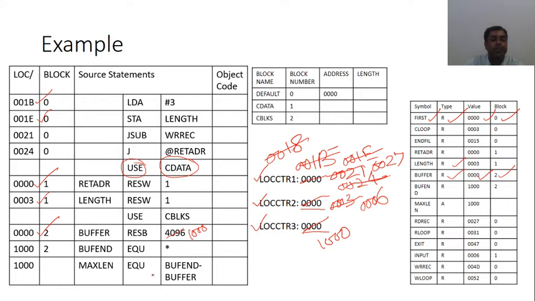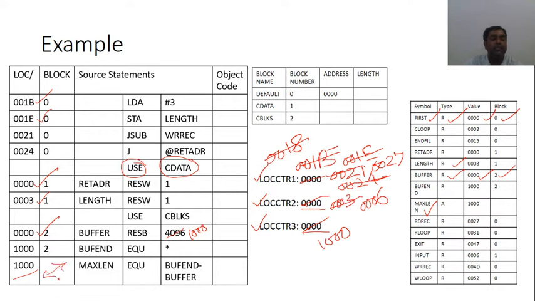And MAXLEN EQU BUFEND minus BUFFER, you can see here. When we enter MAXLEN in the symbol table, the value of MAXLEN is what? BUFEND minus BUFFER. And what is the value of BUFEND? That is 1000. Value of BUFFER, that is 0. Subtract those, you will get 1000. The value of MAXLEN is 1000, and MAXLEN is an absolute value here.